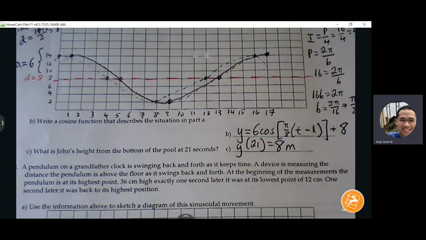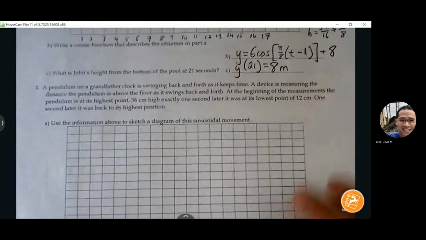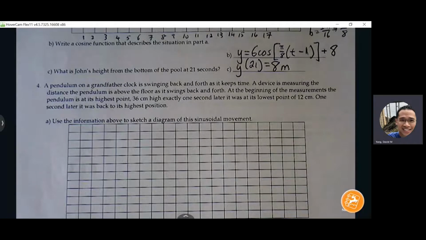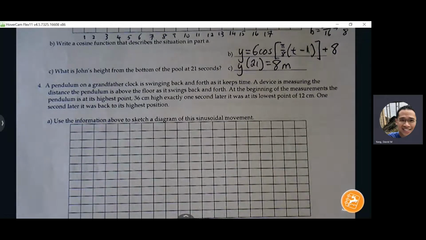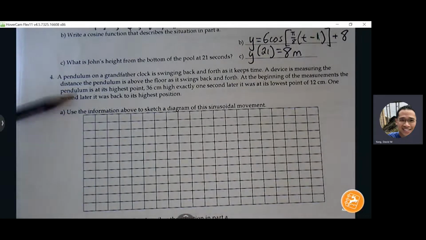All right, last one here, number 4. I'm going to scale by 1 for the x and then 4s along the y, but I saw some students scaled it by 6, and that works too, so you can scale it however you want.